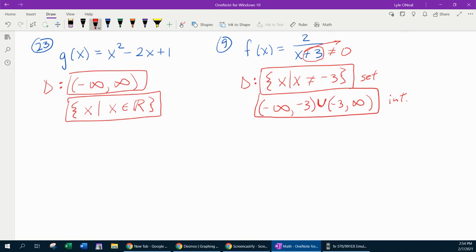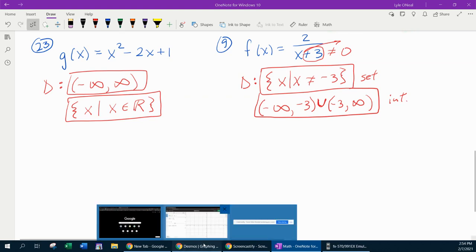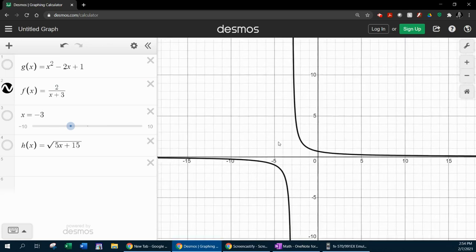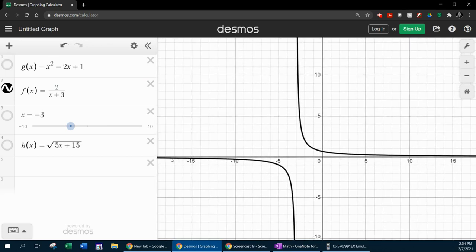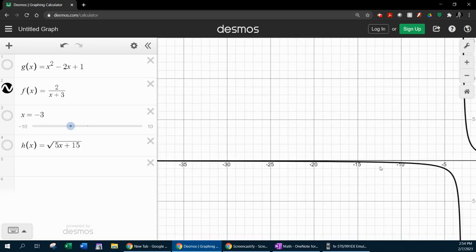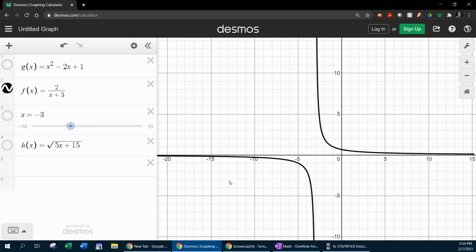And if I wanted to show this on Desmos real quick to give you a visual, here is our function. I'm going to go ahead and turn it on. And you can see that it's kind of a cool looking function. Notice the domain here. If I scroll back to the left, this graph is going to go forever to the left.